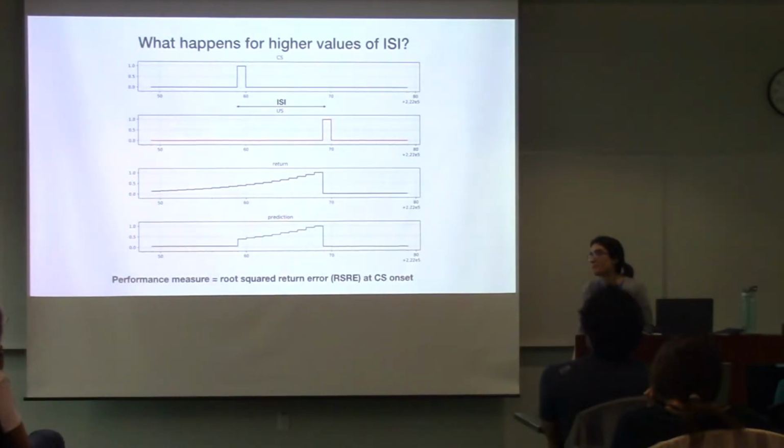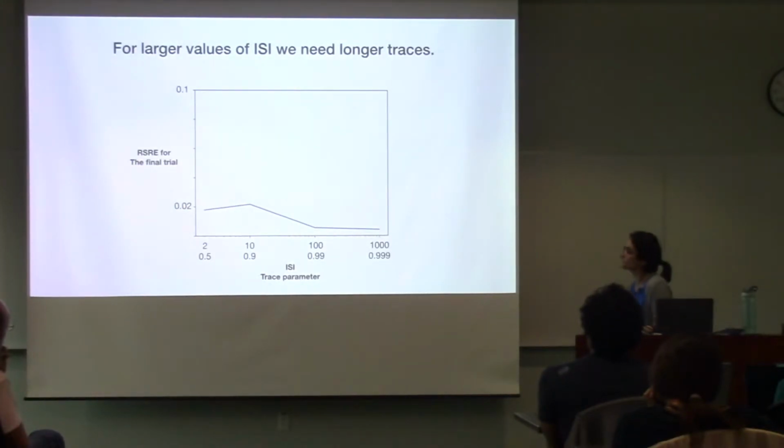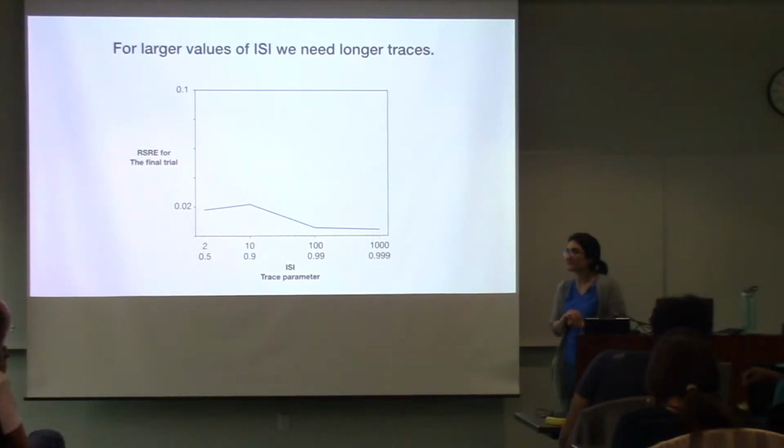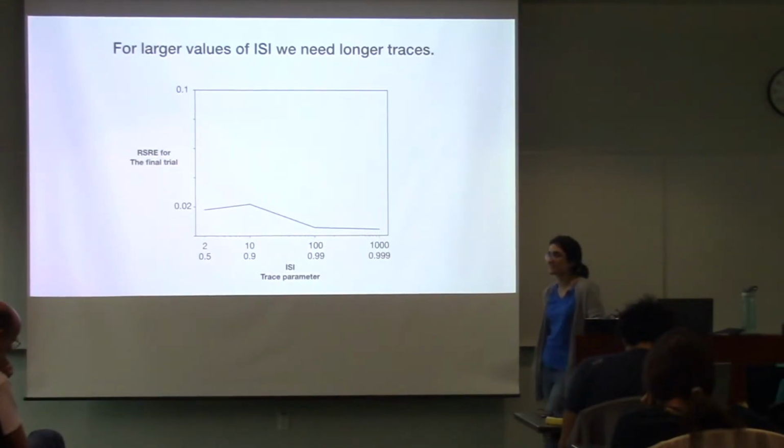And when you show the comparisons with different ISIs, these are in some sense different RL questions, right? They're with different timescales. So should the ideal answer be exactly the same for all of them?